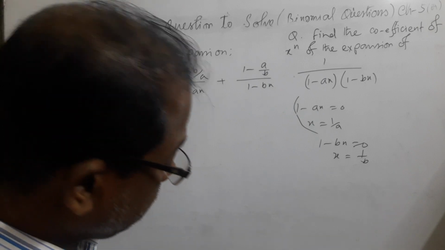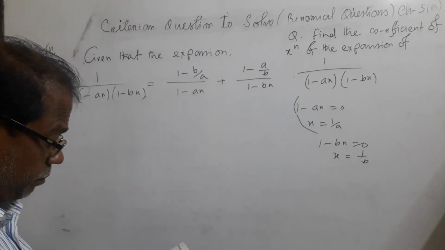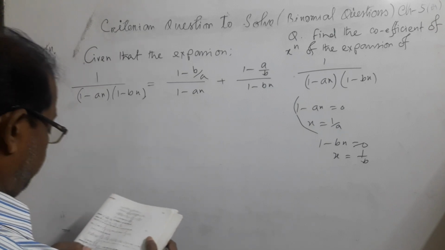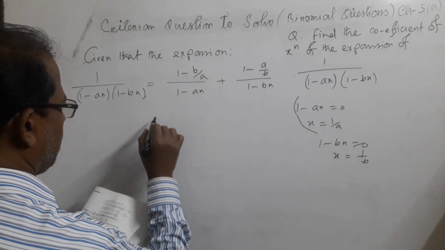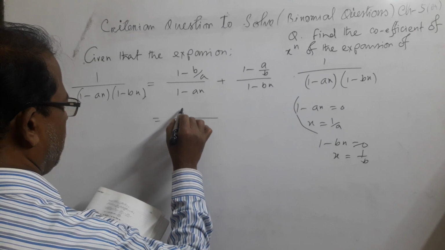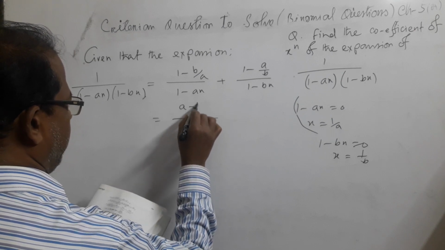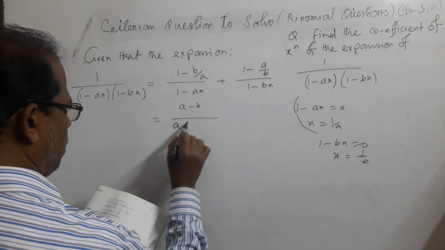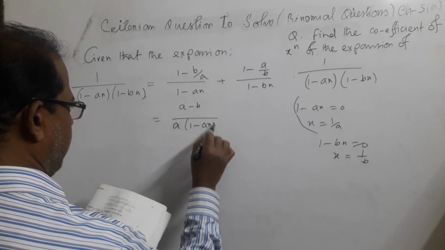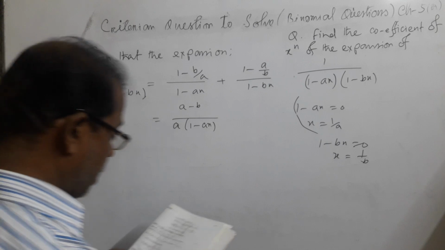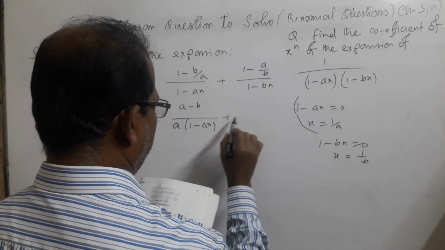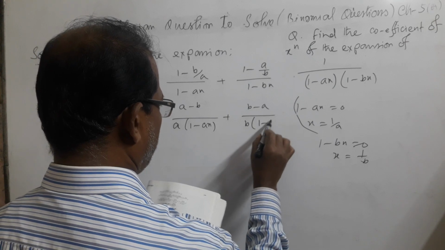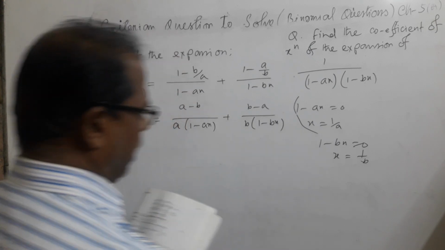So the result is a minus b divided by a into 1 minus ax, plus b minus a divided by b into 1 minus bx.